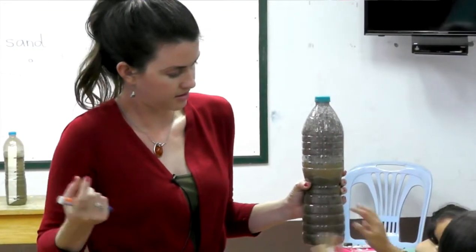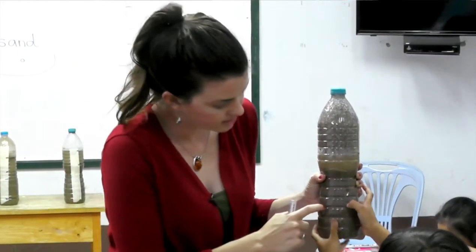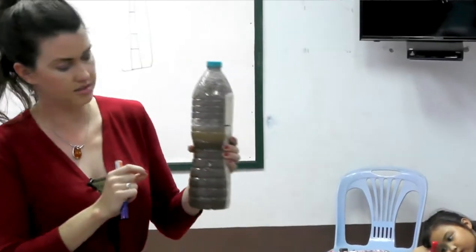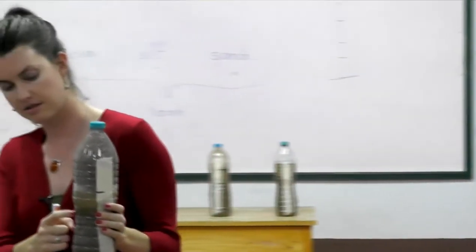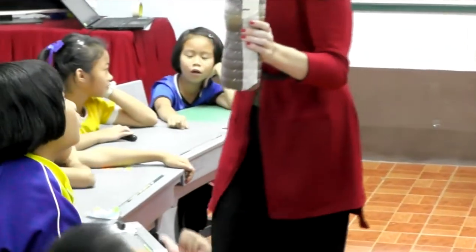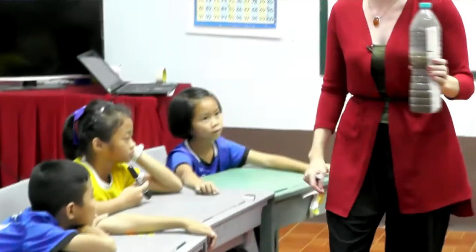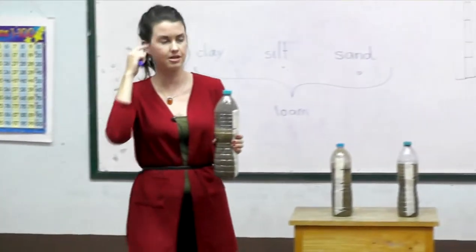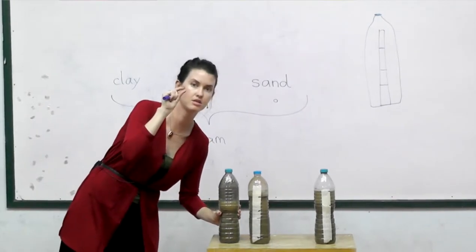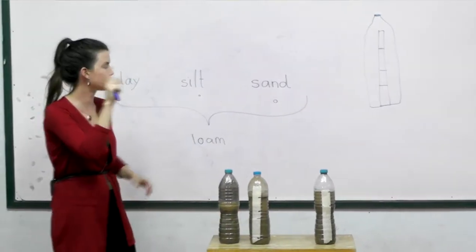Can we see those little rocks? No, we can't see those little rocks. No, it just looks like one color. So when we think about our PowerPoint video, those clay pieces are so small, it just looks like one single color.